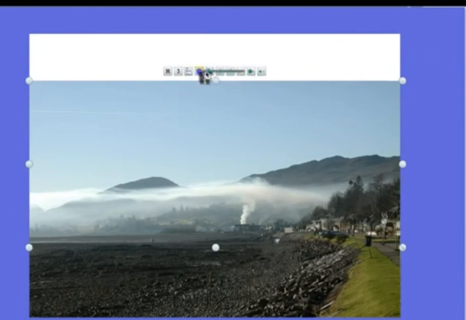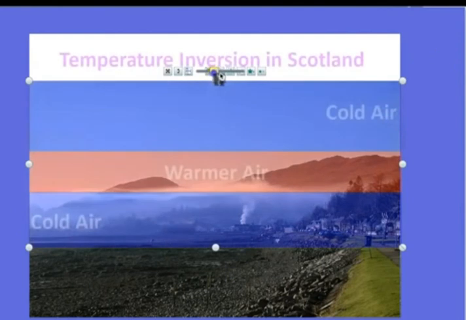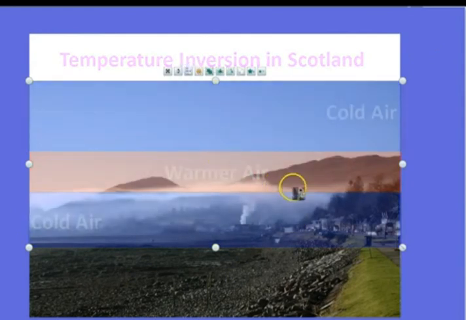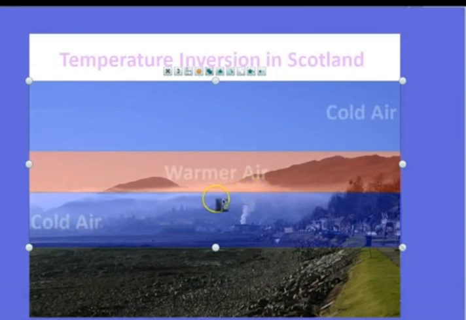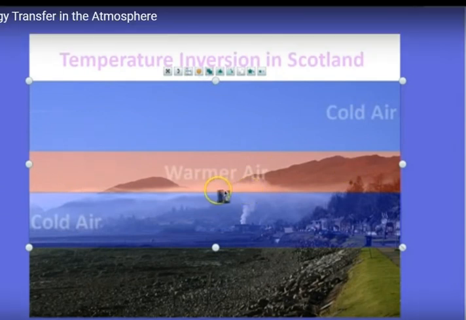So let's look at this. If we notice, the temperature inversion is right at the surface. It's cold, and at this line right here is where the smoke and the fog sit, and that's where this warmer air is sitting. This warmer air is blocking the cold air from moving around.